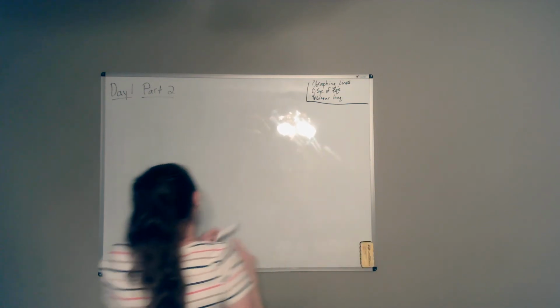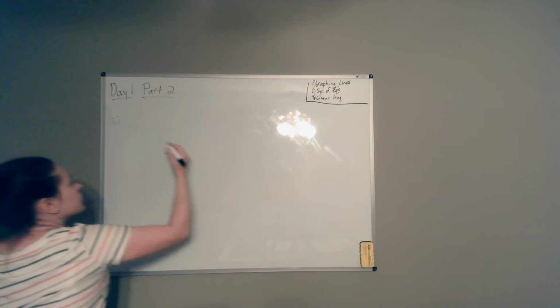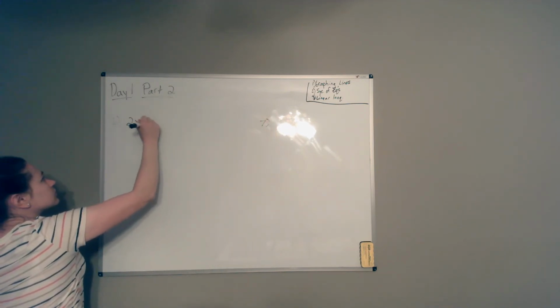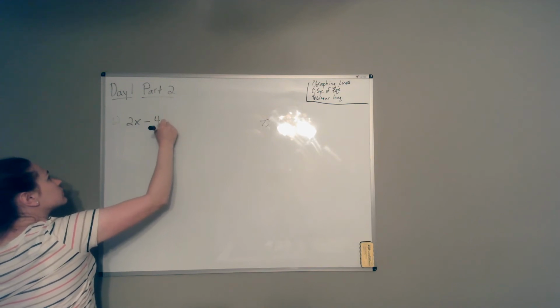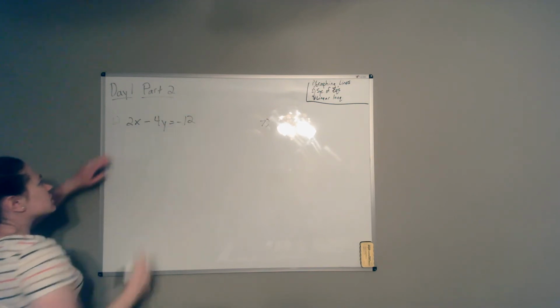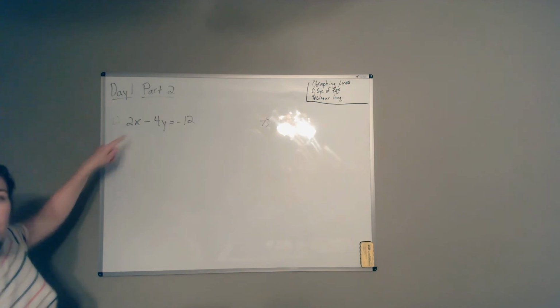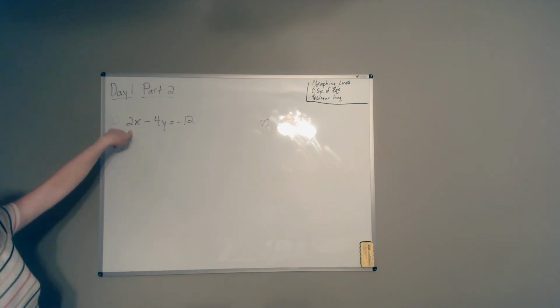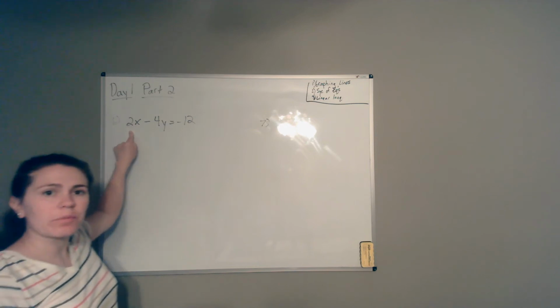So, you can see that this is presented in standard form. So what I would do for this type of problem is I would not try and convert this into slope-intercept form.